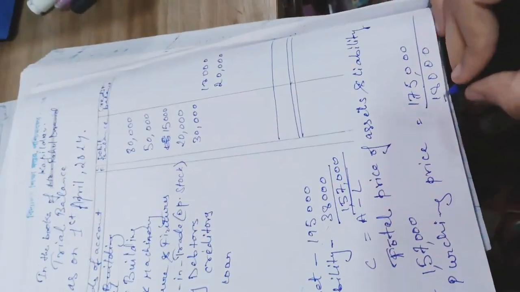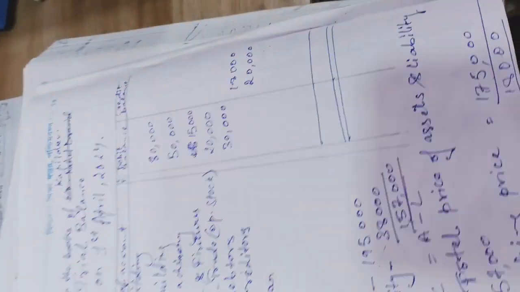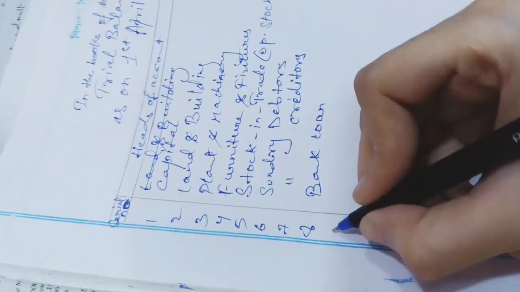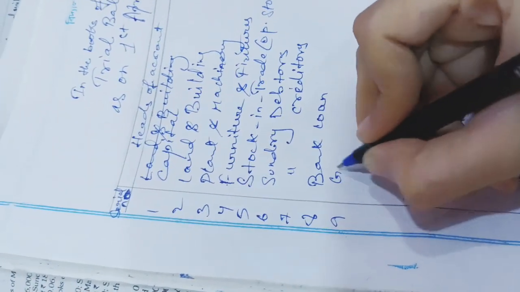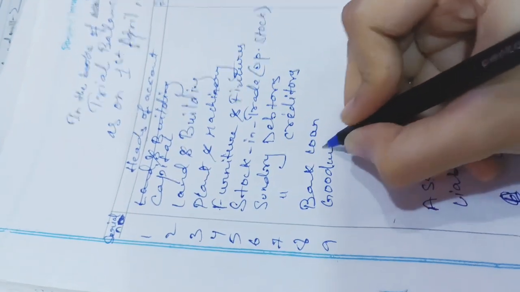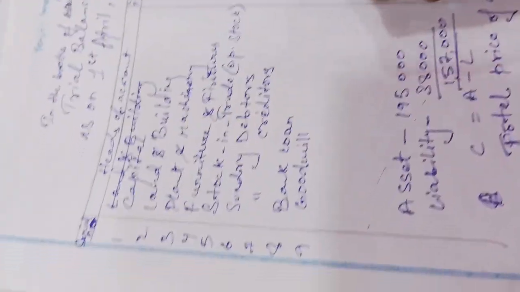Kapil Dev has given 18,000 extra. Why? Because of goodwill. Okay, goodwill is our asset, so we are adding here goodwill 18,000. Then the total sums will tally. Otherwise, it will not.